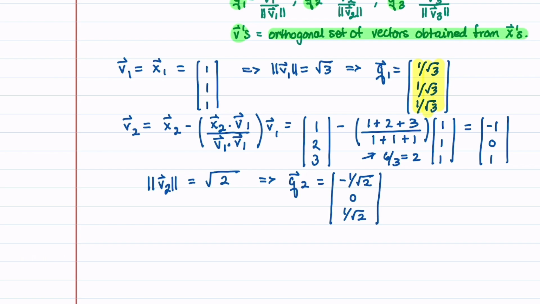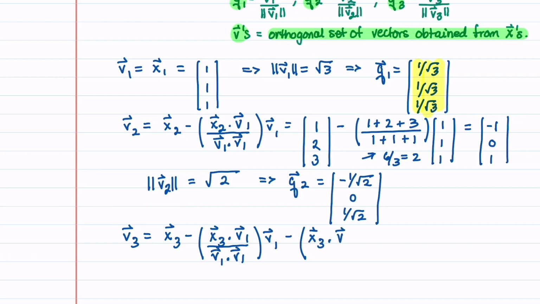Okay, we made a lot of progress. Let's now find v3. Here's our formula for v3. It's a little long. It's going to be x3 minus x3 dotted with v1, all divided by v1 dotted with v1, times v1, minus x3 dotted with v2, all divided by v2 dotted with v2, times v2.